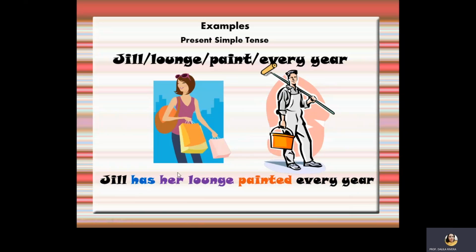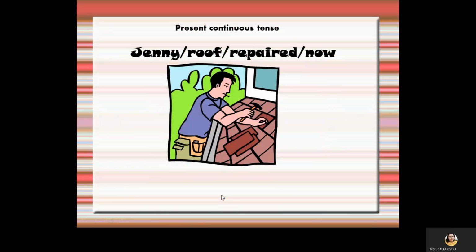Have something done. An example with present continuous: Jenny, roof, repair, now. Jenny's having her roof repaired now. Or Jenny's getting her roof repaired now. It's possible also.